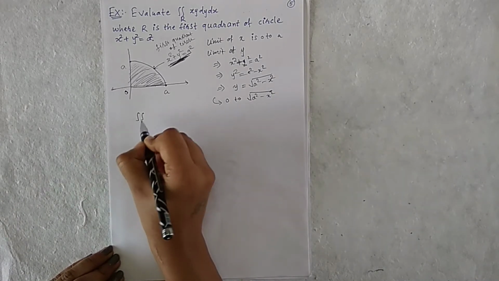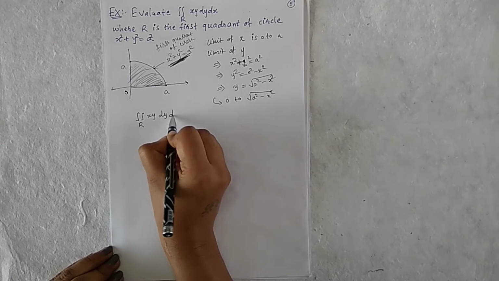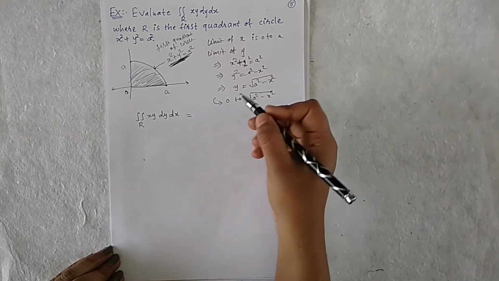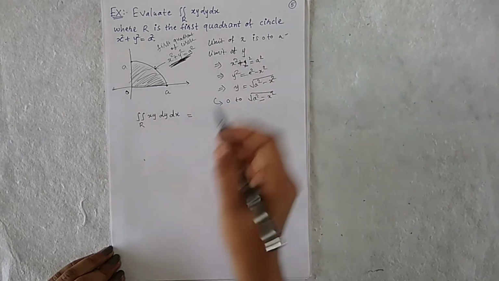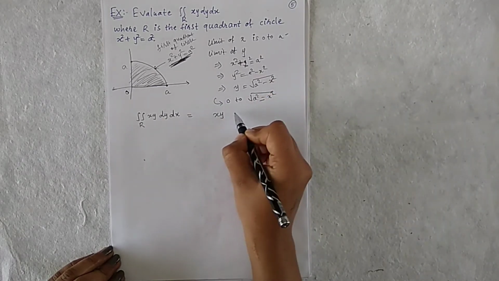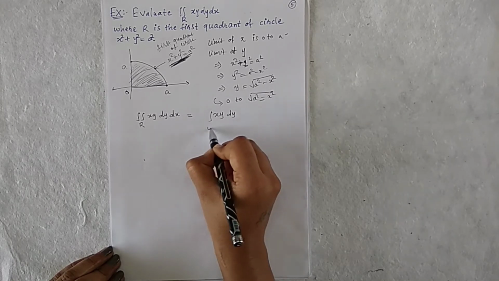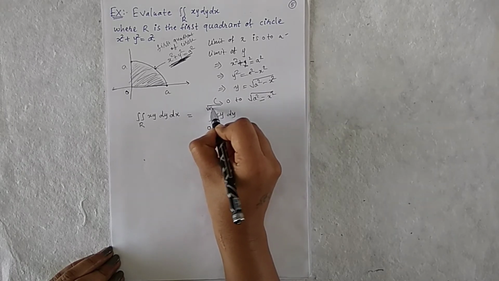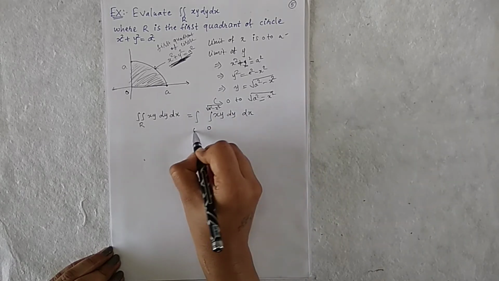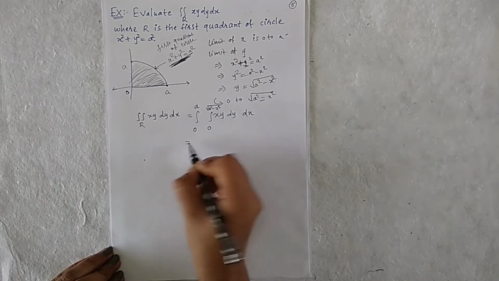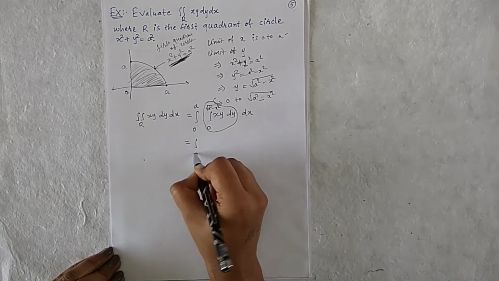So the double integration over R of xy dy dx is equal to: first we put the limit of y and then x. The function is xy, and first we put the limit of y, 0 to square root of a square minus x square, then x, with limit 0 to a.